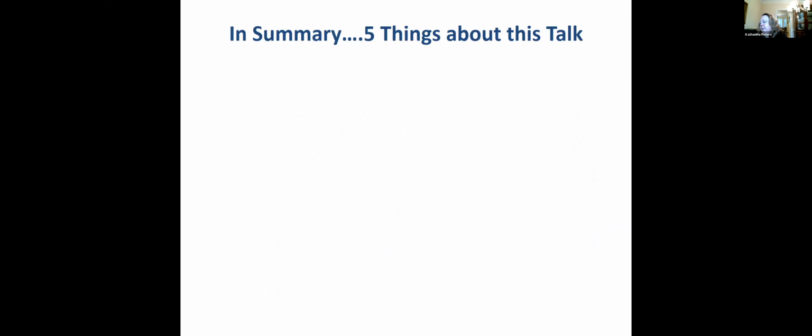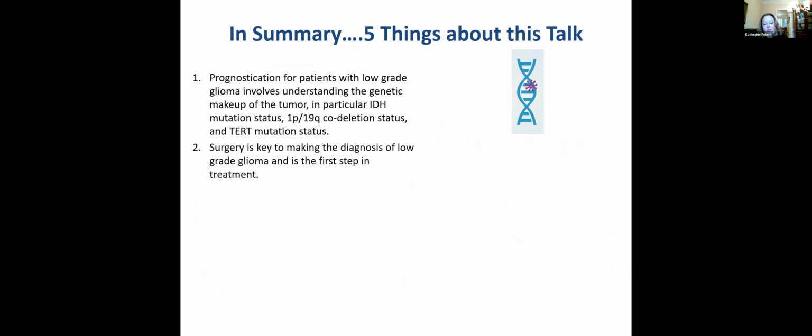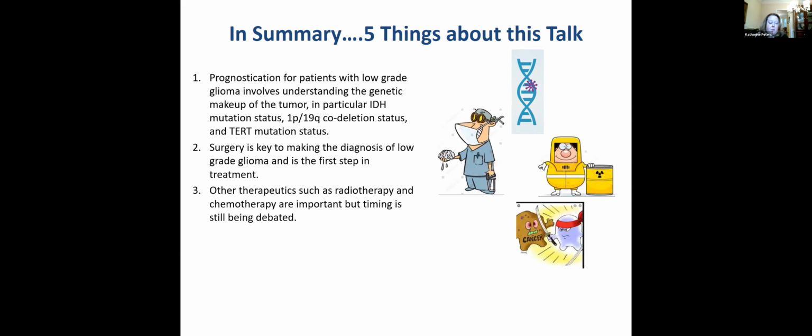So in summary, 5 things you need to know about this talk, and I hope you learned: the prognostication for patients with low-grade glioma is really important in understanding their genetic makeup. I hope that we covered that, and that surgery is the first step in making the treatment diagnosis. Other therapeutics in radiotherapy and chemotherapy are important, but timing is still being debated, and even how we're supposed to give it.